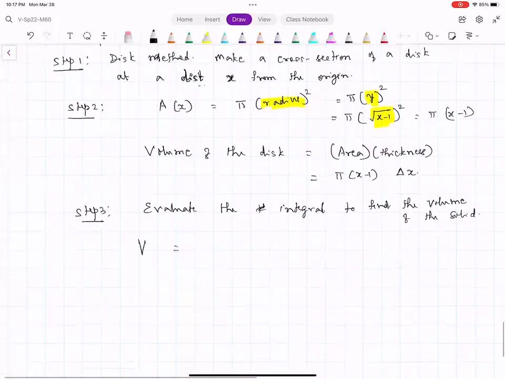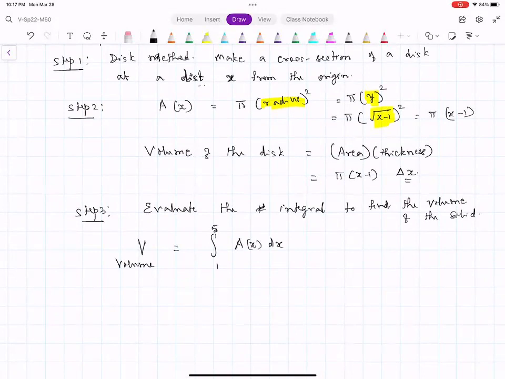The volume is the integral from 1 through 5 of A of x dx. The delta x in the Riemann sum becomes dx in the integral. That is the integral from 1 through 5 of pi times x minus 1 dx.